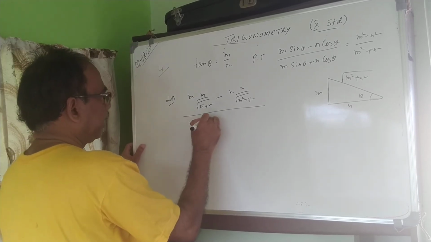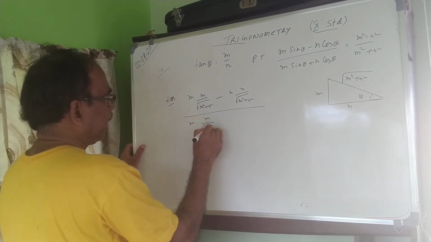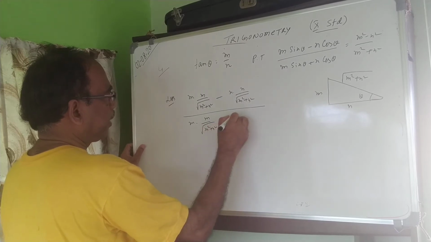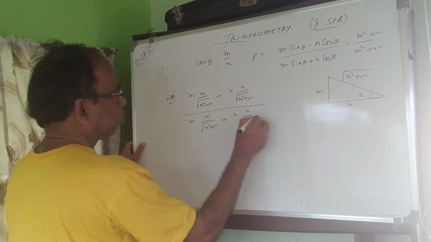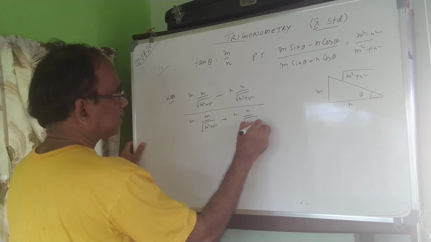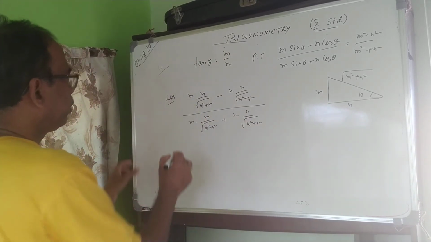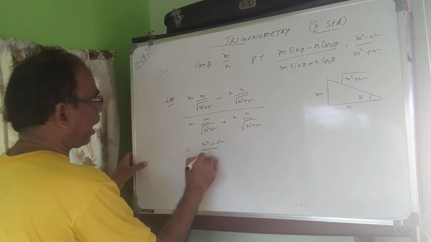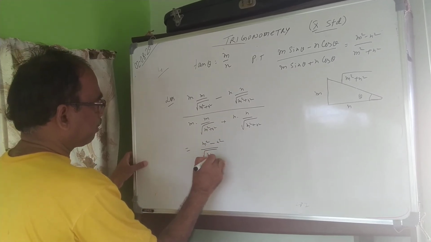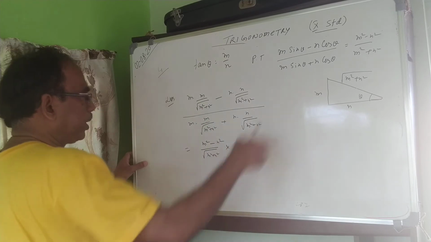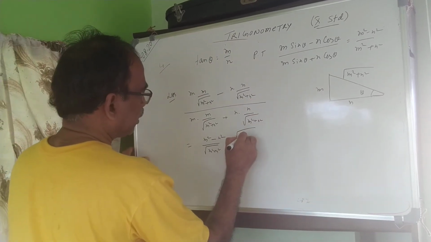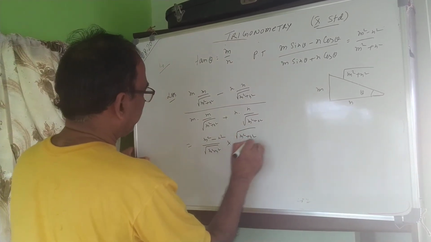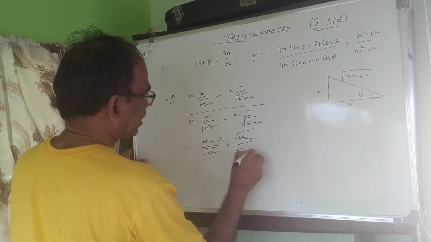m into m over root of m square plus n square, plus n into n over root of m square plus n square. So here you can break it: that is m square minus n square by root over of m square plus n square, into the reciprocal, that is root over of m square plus n square by m square plus n square.